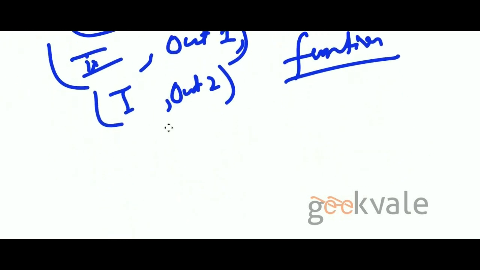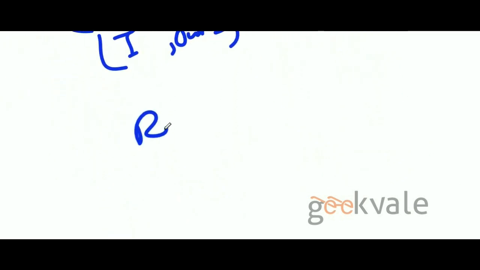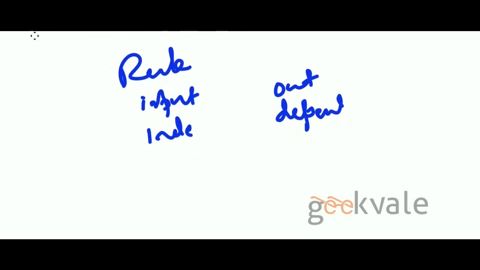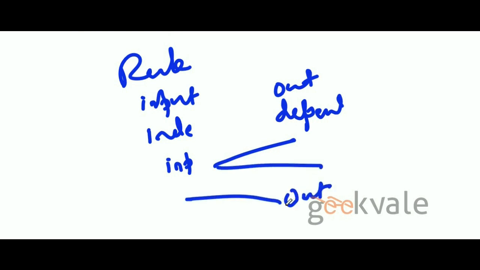So to conclude, we can say that the function is a rule between two variables, the input and the output. The input is what you call the independent and the output is what you call the dependent. One input cannot map to two outputs, but one output can have multiple inputs, just to make sure that every output has a unique input.